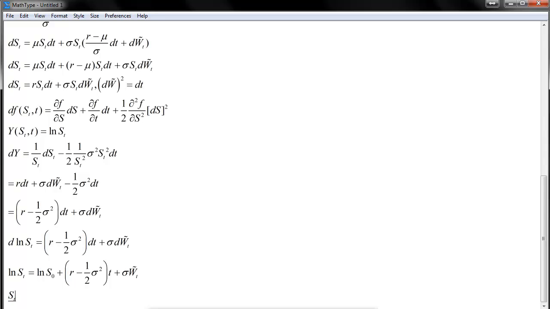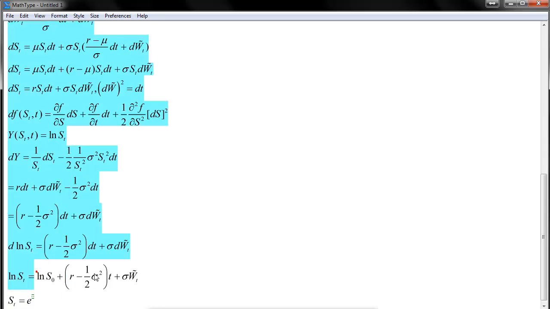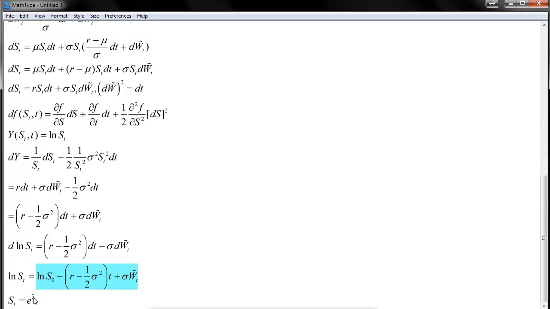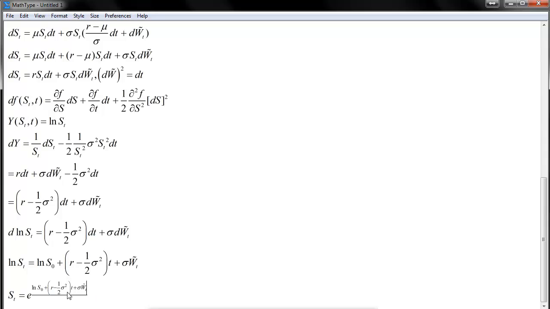So s t is equal to the exponential of this, which is perfectly equal to the multiplication of the following terms.